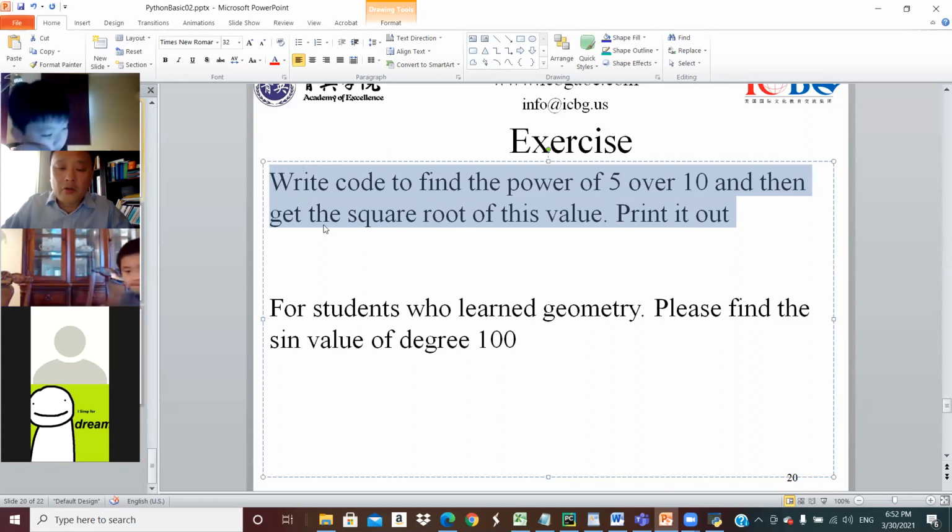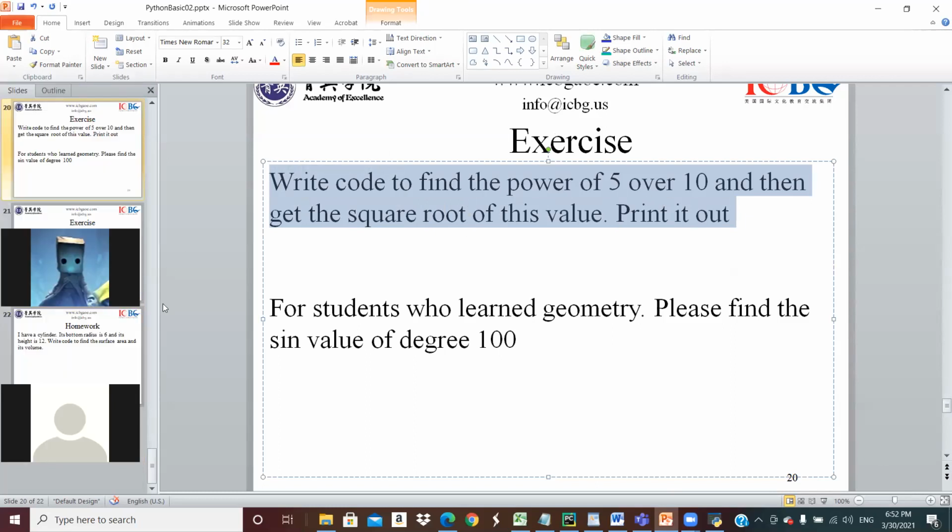But Eva, I want you to do that, okay? And other students, if you know it, like Eddie, do this one. If you are in middle school, you need to do this one. Now print it out.